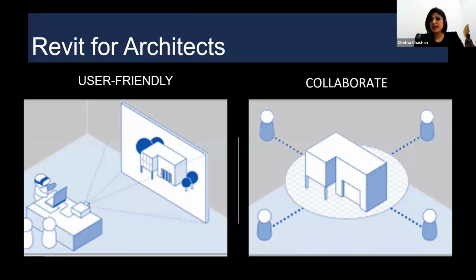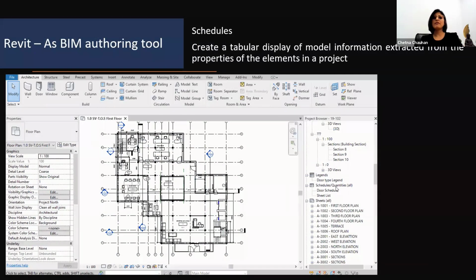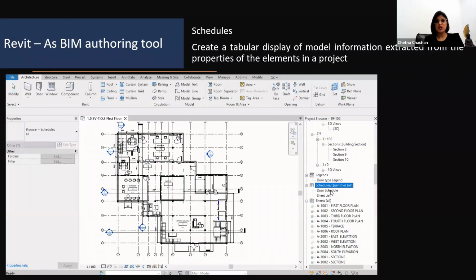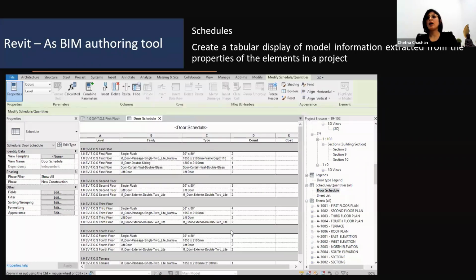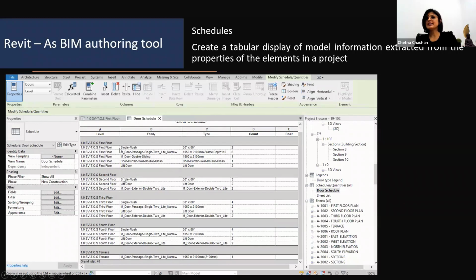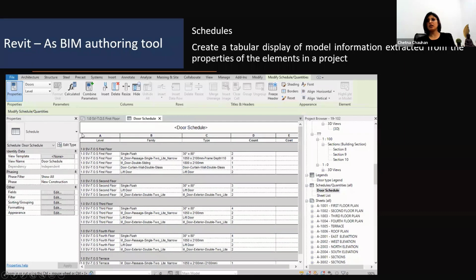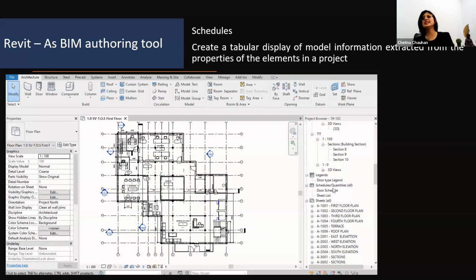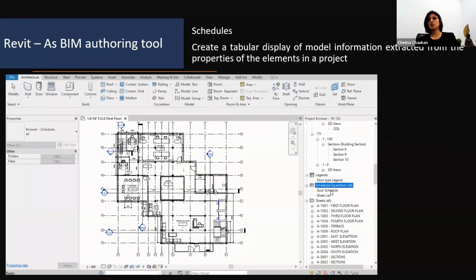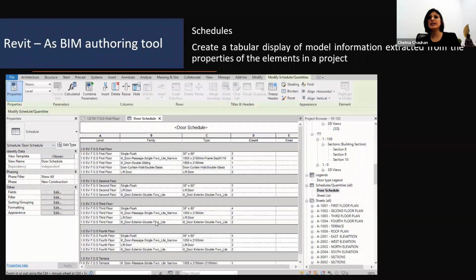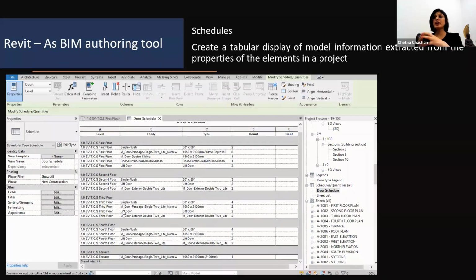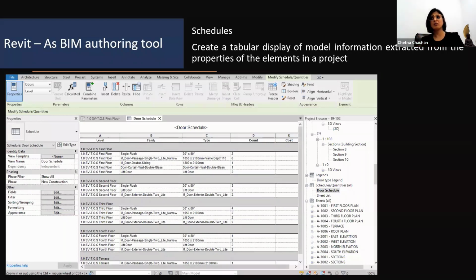I want to specify how Revit is a BIM authoring tool. If you see in the visuals right now, let's say we created a 3D model in which I want to just see a door schedule. All the schedules are made automatically, but how are they made? We generate the information right from within the model.